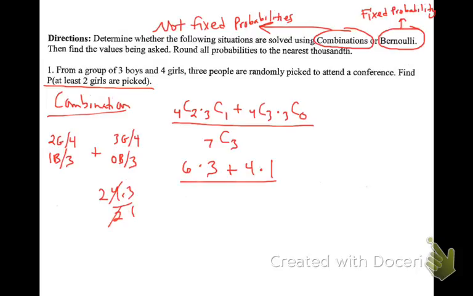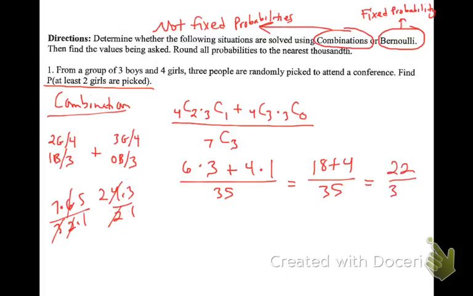And then 7c3 in the bottom, so let's do this on the side. 7 times 6 times 5 divided by 3 times 2 times 1. Well, the 6 cancels with the 3 times 2, leaving just 35 in the bottom. So we have 18 plus 4 divided by 35, which gives us 22 divided by 35.